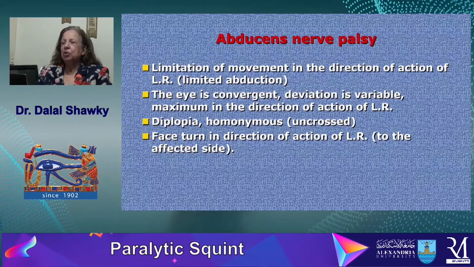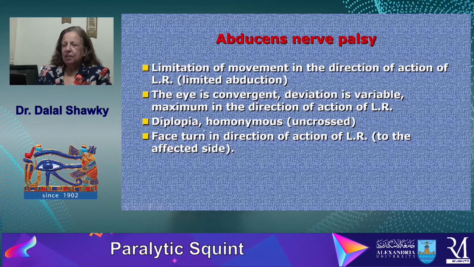Now, abducens nerve palsy, or 6th cranial nerve palsy, or lateral rectus paralysis, all are the same. There is limitation of movement in the direction of action of the lateral rectus. There is limited abduction. The eye by time will be convergent due to unopposed action of the medial rectus, which is normal. The deviation is variable, maximum when looking in the direction of action of the lateral rectus, that is when looking out.